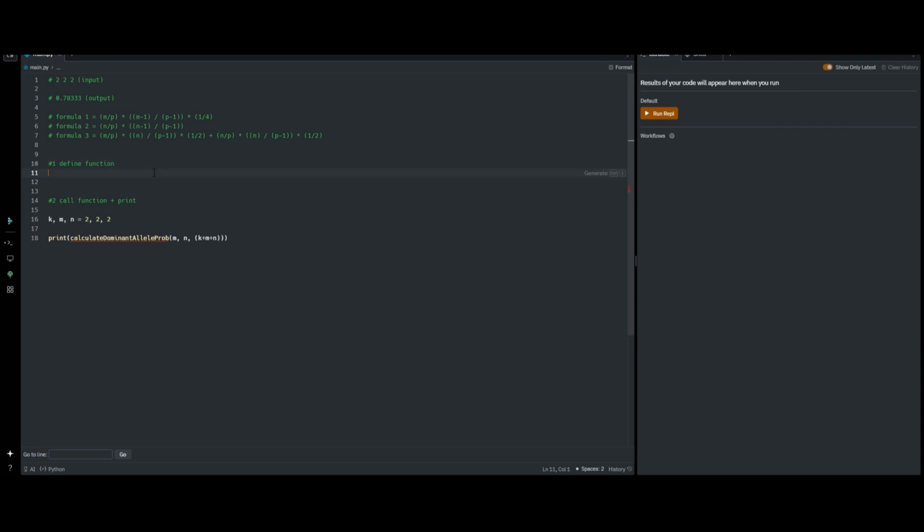Then now we're going to define a function, probability, and typically instead of using k, m, n, let's make more clearly defined variables. I think that's definitely recommended practice.